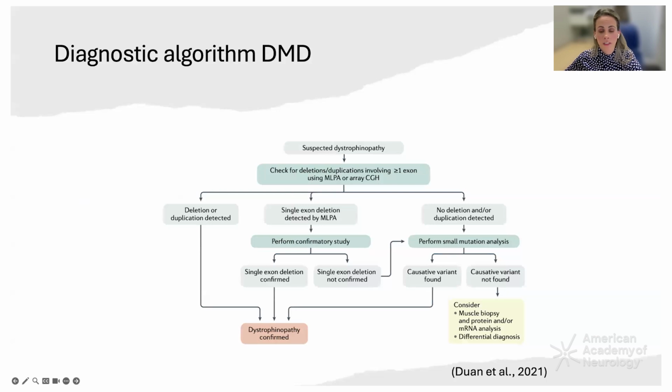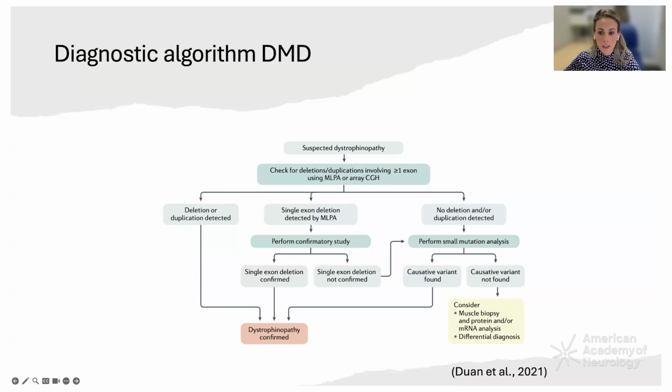This diagram shows the diagnostic decision tree to confirm the genetic diagnosis of dystrophinopathies. Boys with typical symptoms of dystrophinopathy and increased CK level should undergo genetic testing to confirm the diagnosis. Initially, MLPA or array CGH should be used to identify the causative DMD copy number variant, which is the large deletions most often.